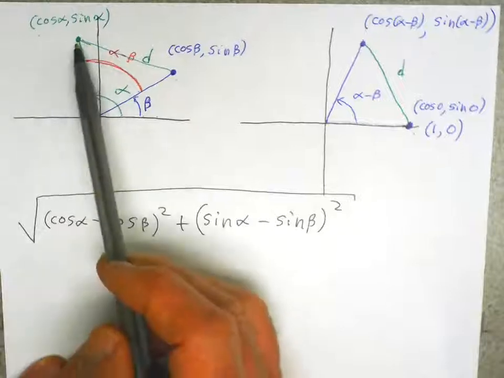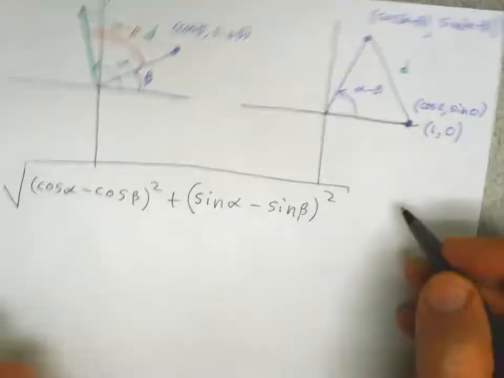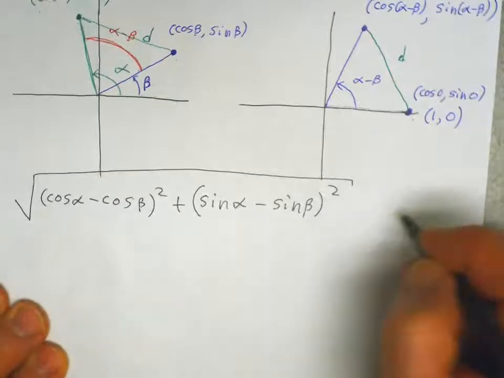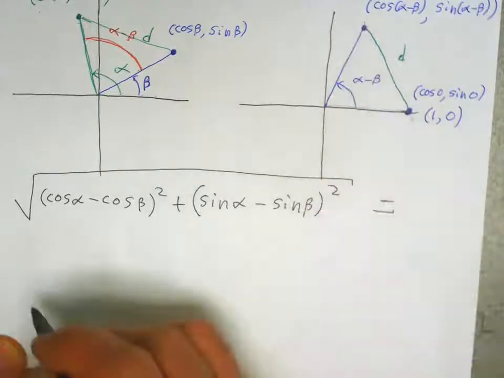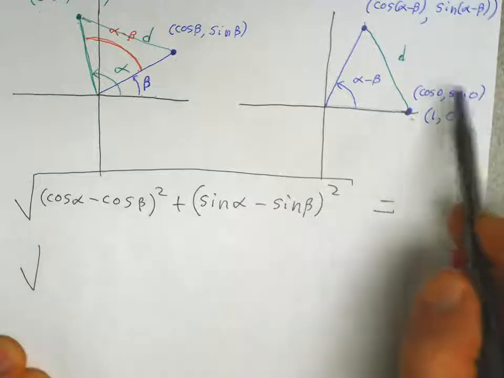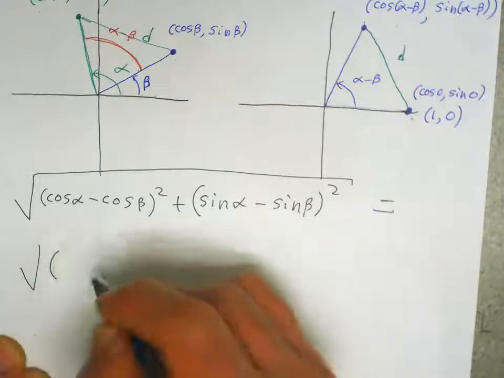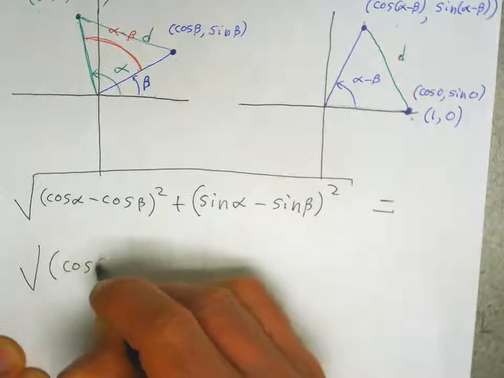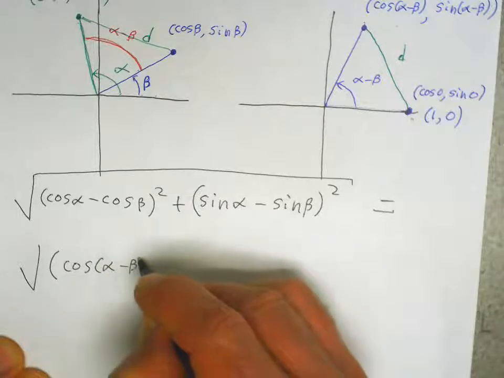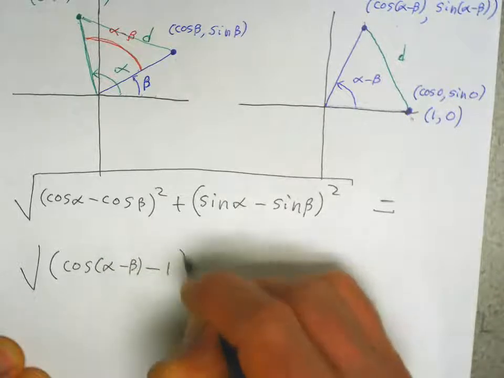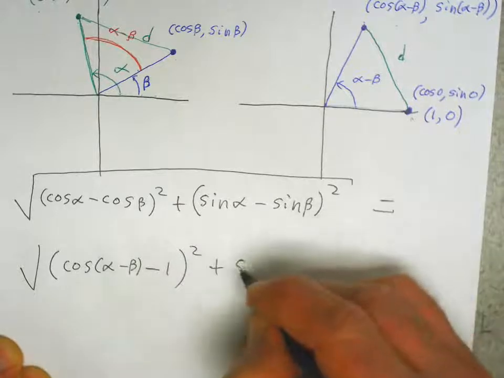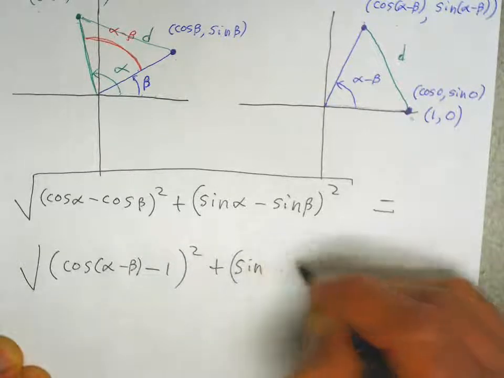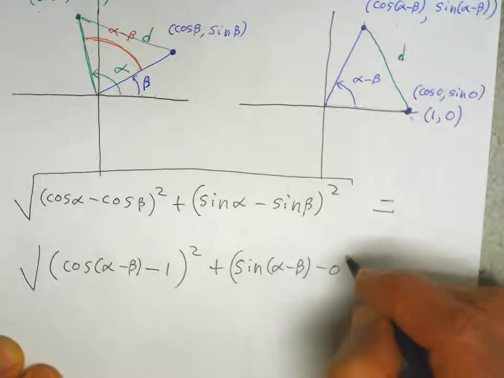That's the distance from this point to that point. And that distance should be the same as the distance from this point to that point. So here we can write the square root of cosine of alpha minus beta minus 1 squared plus the quantity sine of alpha minus beta minus 0 squared.